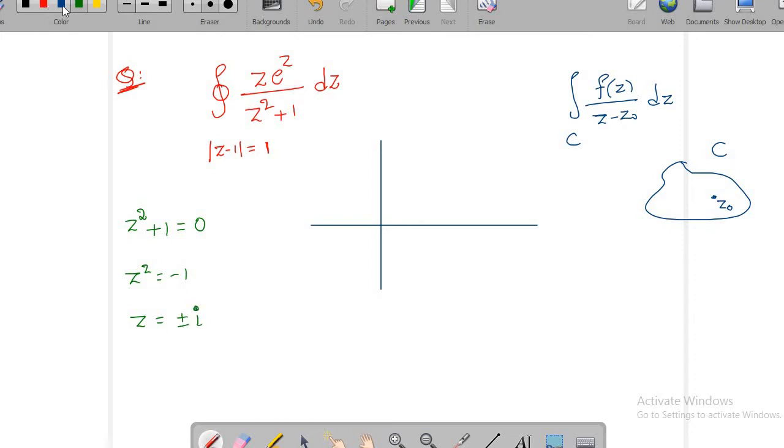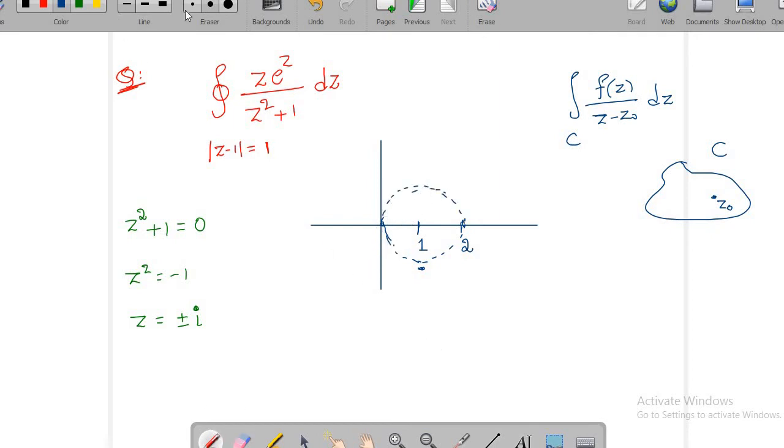So first let me see the given curve. The given curve is mod z minus 1 equal to 1. It means it is a circle centered at 1 with radius 1. Since its radius is 1, let me go 1 unit from here and 1 unit from here. This is not looking like a circle, but assume this is a circle.